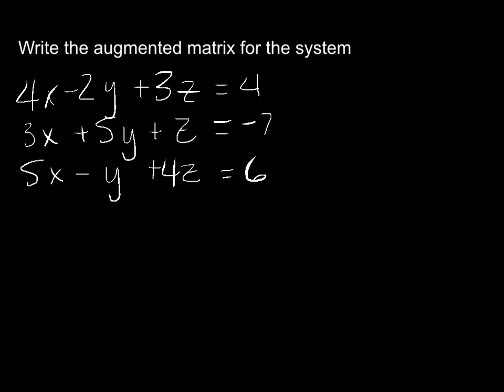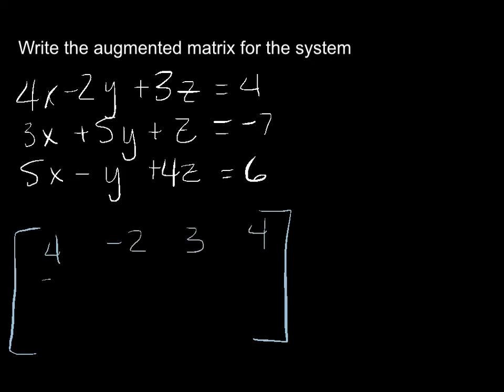Writing an augmented matrix from these is really simple. Just make sure to include all of your coefficients. So 4, -2, 3, and 4, 3, 5, 1, and -7, 5, -1, 4, and 6.